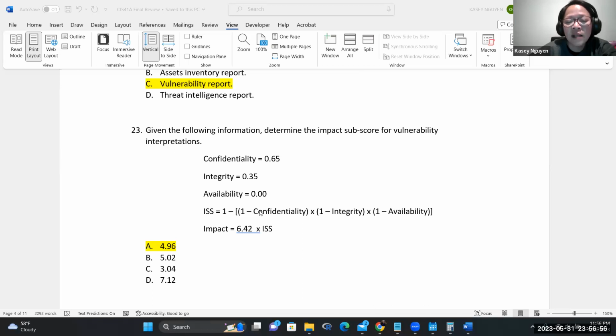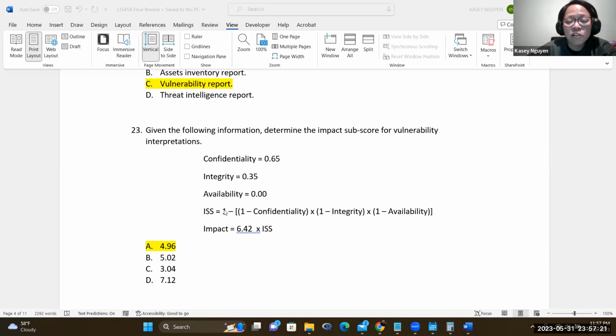I would take 1 subtract 0.65, multiply it by 1 subtract 0.35, multiply it by 1 subtract 0. So once you have the subtraction for confidentiality, integrity, and availability, we would multiply those values together, and then we would subtract that from 1.